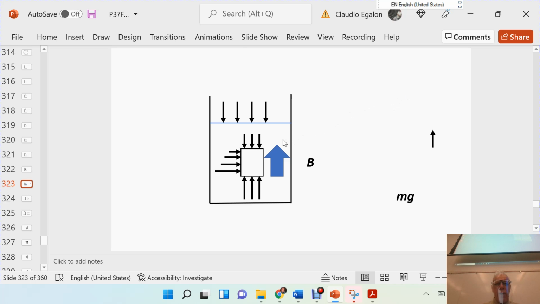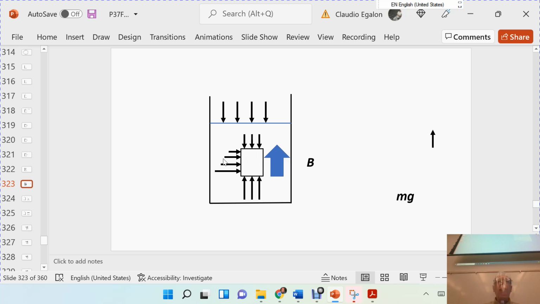Because the pressure increases as you go deeper and deeper, we end up having a pressure differential between the bottom and the top. At the bottom of this submerged object, the pressure is higher than at the top. And pressure is this funny type of force that exerts a force in a direction perpendicular, or normal, to a surface. So even though you have all this liquid water at the top, the pressure is not necessarily downwards.